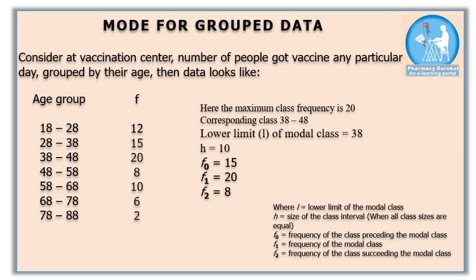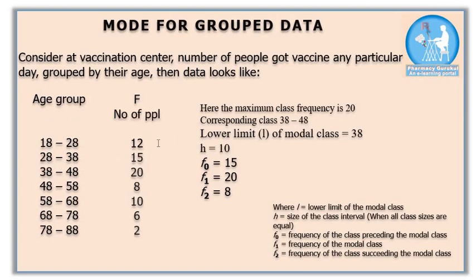Now let's have an example of how to calculate mode for grouped data. Consider at a vaccination center, the number of people who got vaccinated on a particular day, grouped by their age. The data looks like: age group 18 to 28, number of people 12; 28 to 38, 15; 38 to 48, 20; 48 to 58, 8; 58 to 68, 10, and so on.